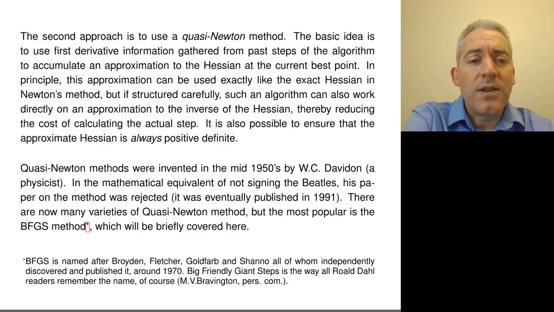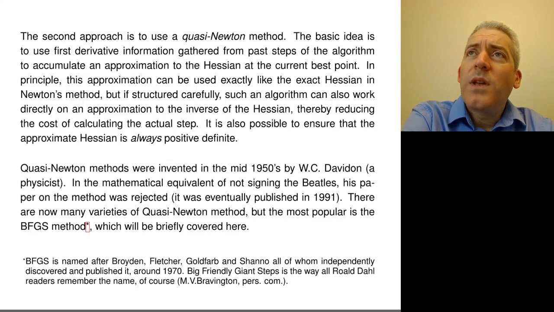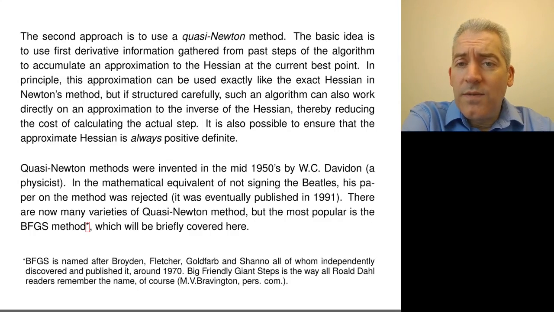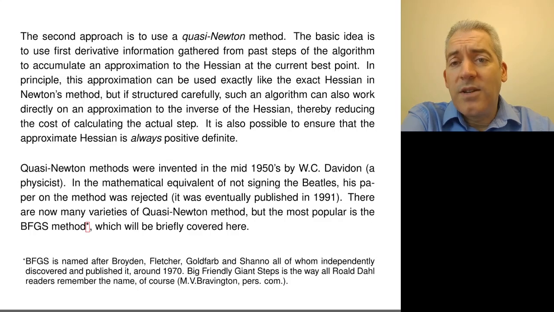But the other thing we'll look at is that rather than approximating the Hessian and then solving a linear system to find the Newton step, we can directly work with an approximation of the inverse Hessian, and then we don't have to solve a linear system at each step. It's just a simple matrix vector multiplication at each step, and that saves a whole lot of hassle as well.